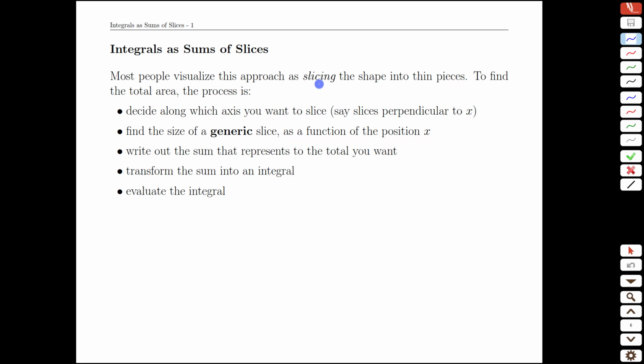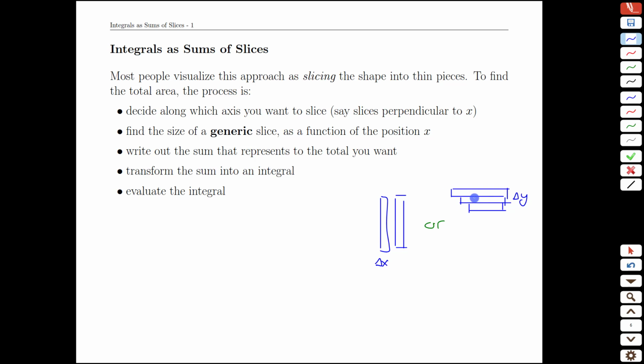We're going to take some region, decide along which axis we're going to slice it, and that'll leave us with either rectangles like these ones here, where we consider the small unit of delta x as the width, or rectangles like this bounded on our function, and in those cases delta y would be the width or the height, depending on how you want to phrase it, of these rectangles here.